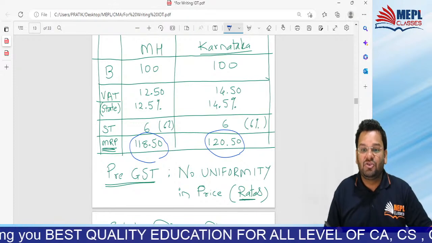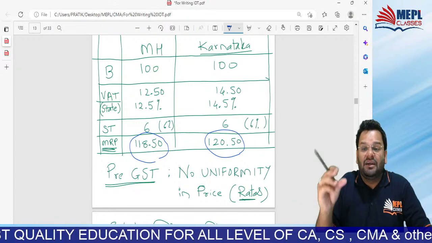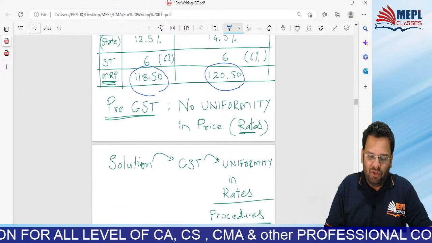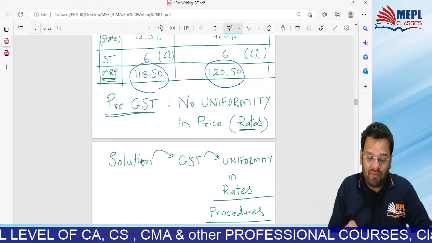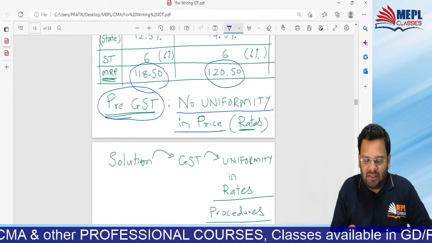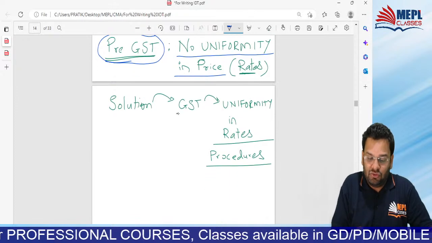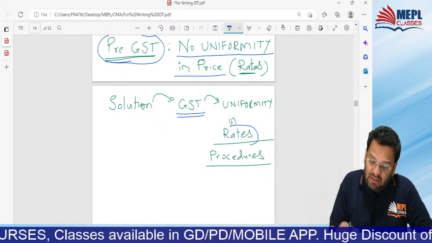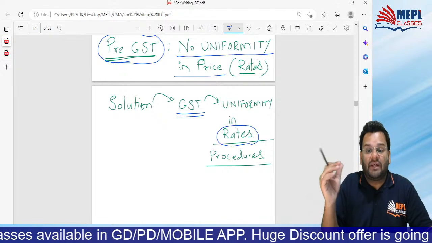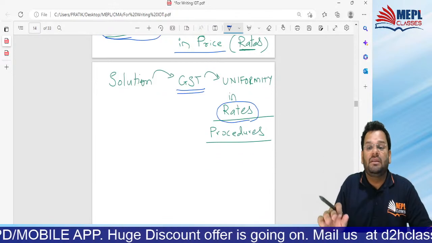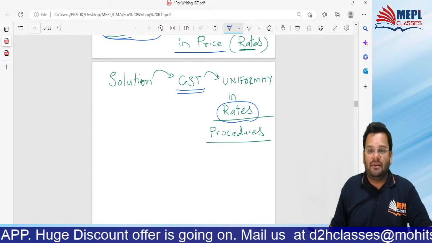So for uniformity, it was necessary to have GST. Pre-GST, there was no uniformity in prices. GST was introduced, and now there will be uniform tax rates, so there will be uniformity in prices as well.